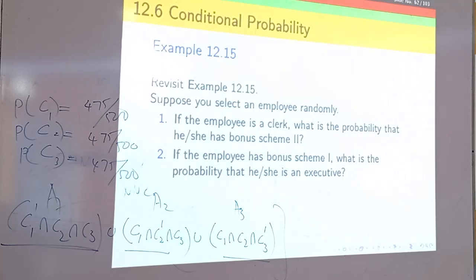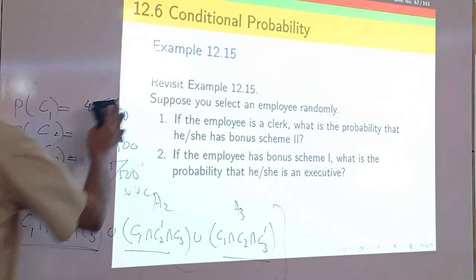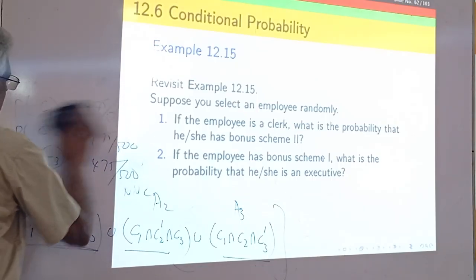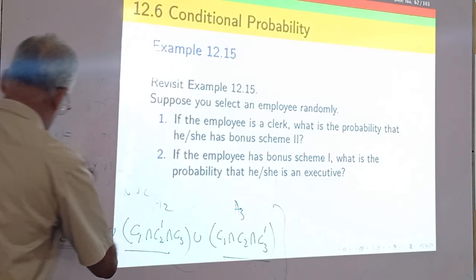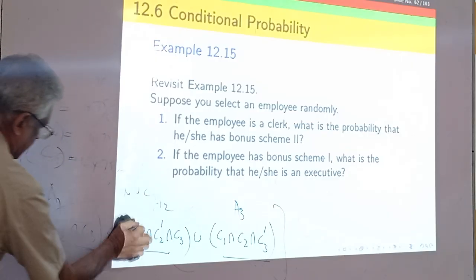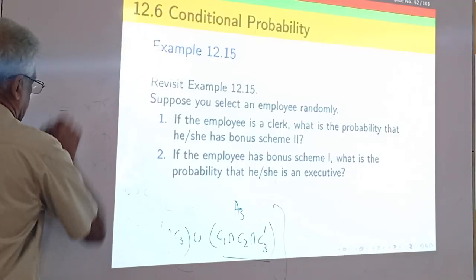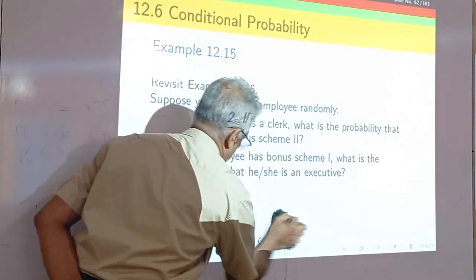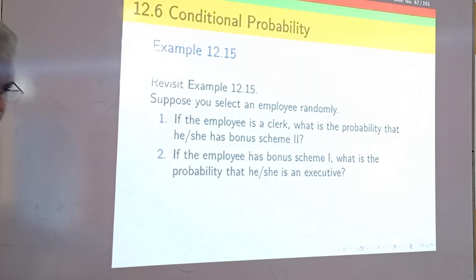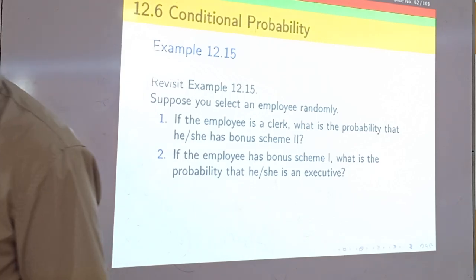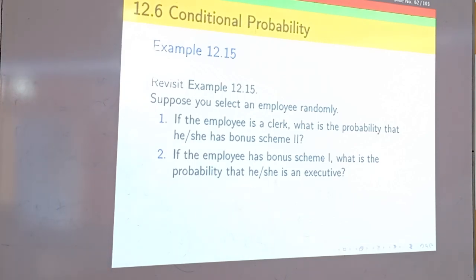So before defining conditional probability, just to get an idea, we look at some examples. It's the same previous example with the bonus scheme and type of employee. So let's look at the same problem that we had earlier.